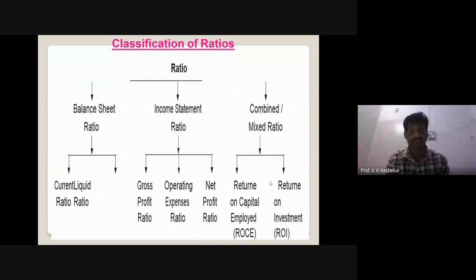Ratios: balance sheet ratio, income statement ratio, combined or mixed ratio. In balance sheet ratio, we have studied current and liquid ratio, in income statement ratio, gross profit ratio, operating expenses ratio, net profit ratio, and in combined or mixed ratio, return on capital employed and return on investment. So all these ratios we have studied.